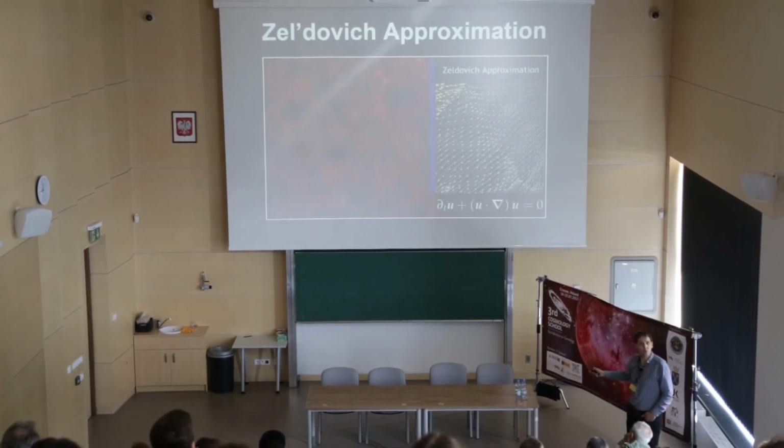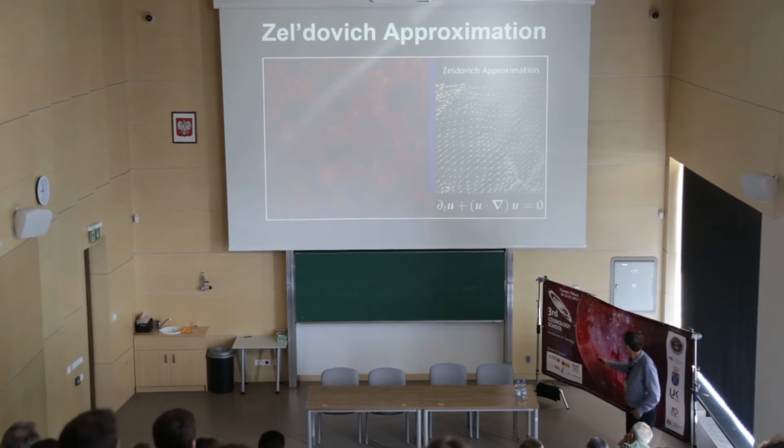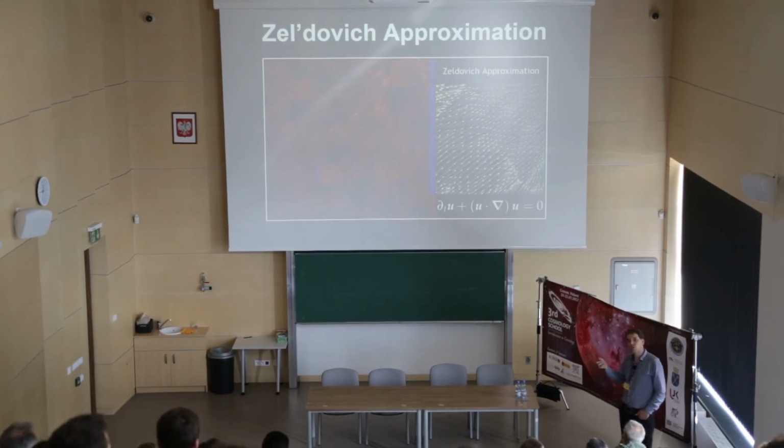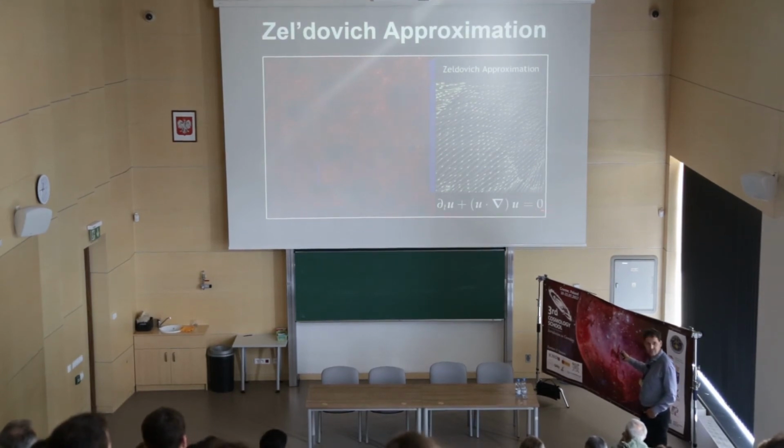So for those of you who recognize it, this is the time term, this is the coupled velocity term, and remember from the Euler equation that you actually should have a force term on this side.